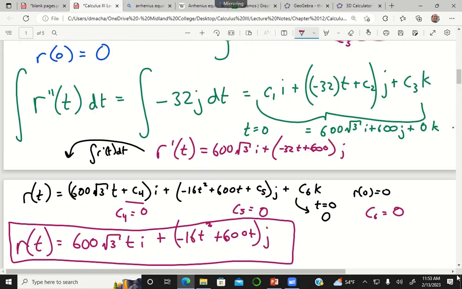That was a good question. To kind of recap, what those initial conditions are is it says when t is equal to 0, here are some specific values for the first derivative and the function r of t itself, right? So give us r prime of 0 and r of 0.